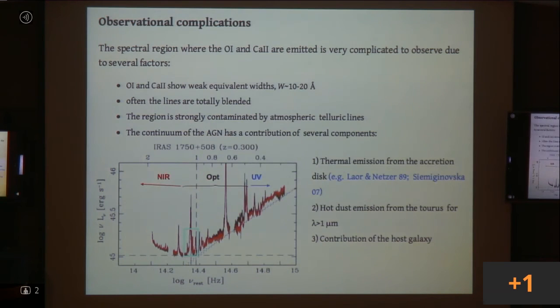The region is contaminated terribly by the horrible telluric lines. And the continuum has a contribution, first of all, of the thermal emission from the disk, but also from the hot dust emission, and also from the host galaxy in this range.